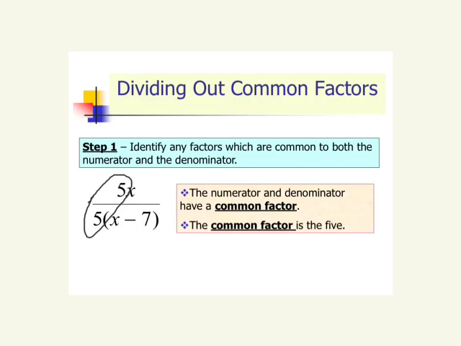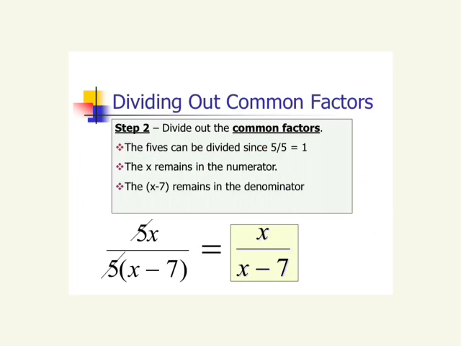So the numerator and denominator have a common factor, and the common factor is 5. We get to go ahead and divide out the common factors. And since 5 divided by 5 is equal to 1, now we're able to just write what's left. And what's left is an x in the numerator and x minus 7 in the denominator.